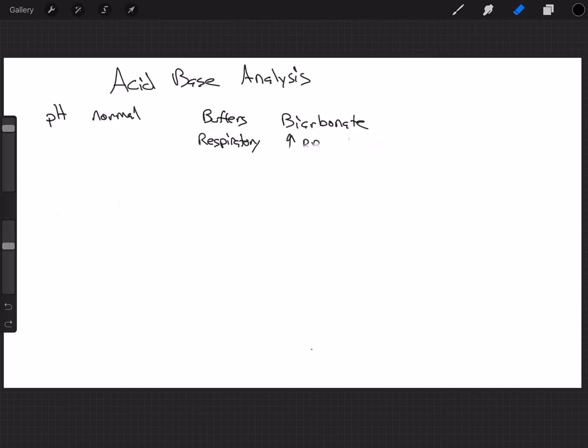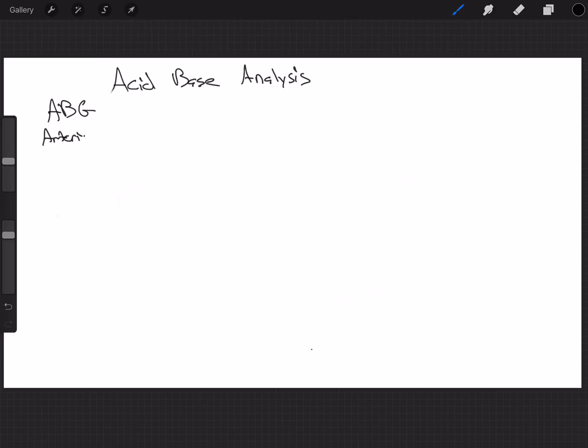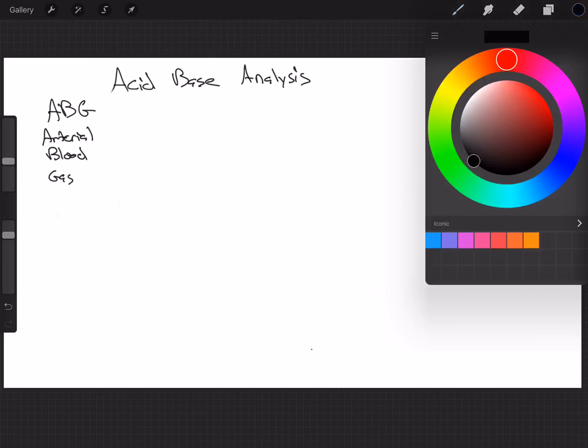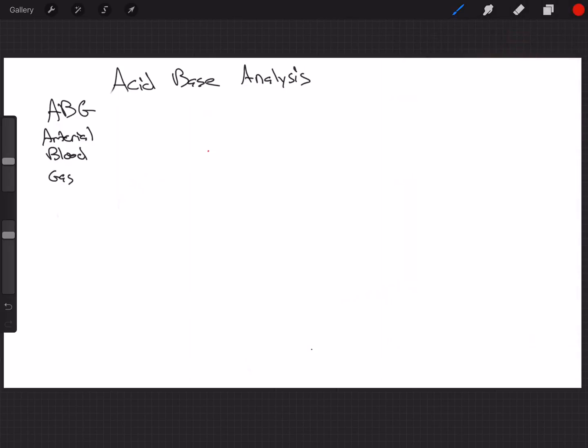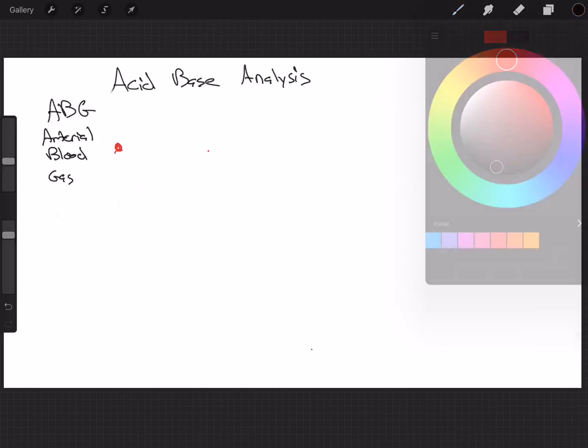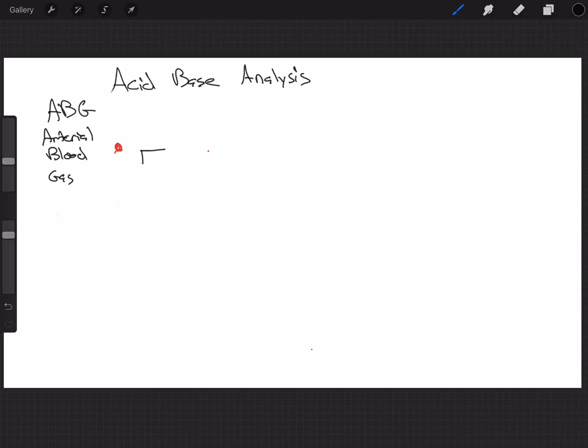All right, so let's erase this a second. Next part of acid-base analysis is the ABG, which stands for Arterial Blood Gas. So this is where the doctor orders an ABG, they take some blood, and then they go over to a machine.